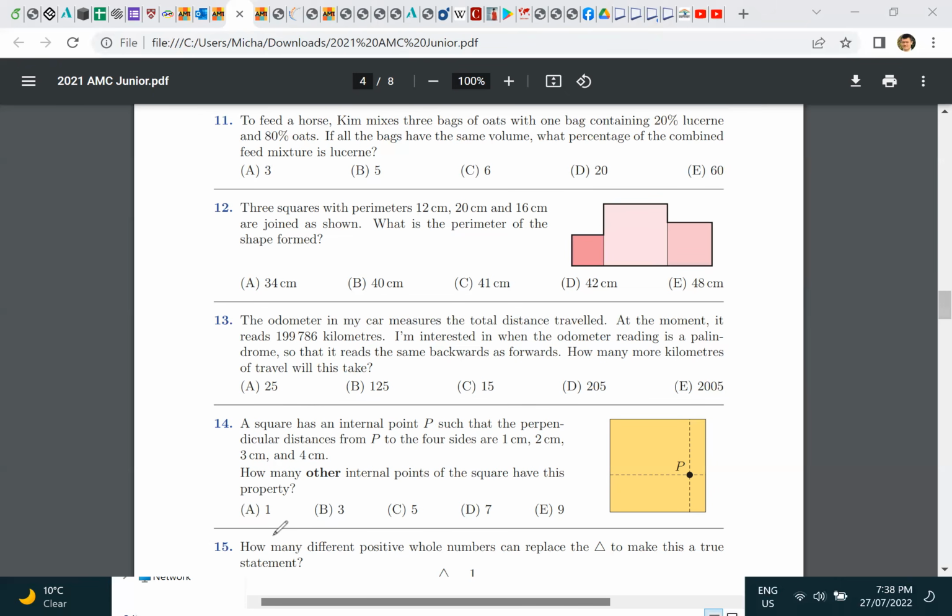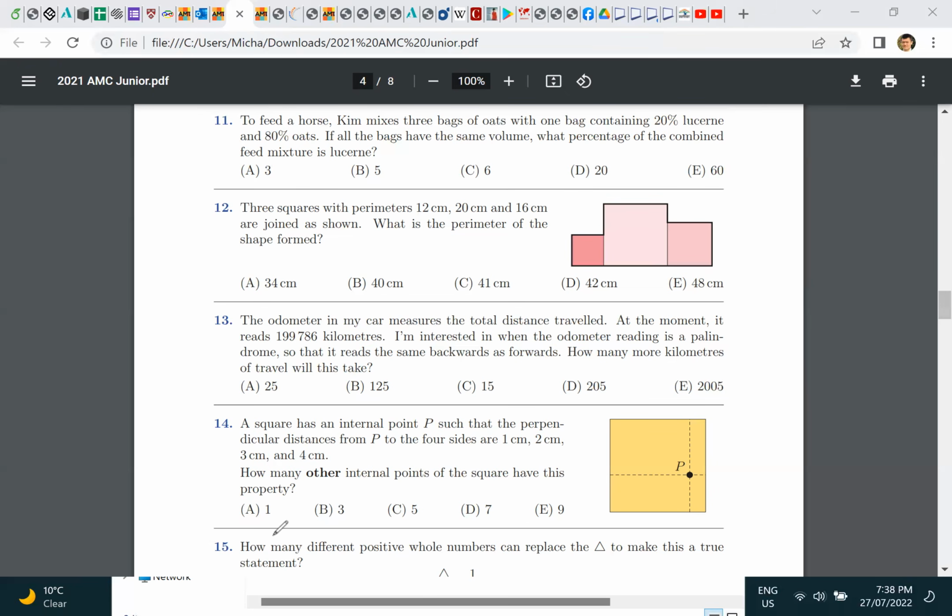Okay, so basically, you just gotta subtract 2 times the smaller side lengths from the total perimeter, yeah? So you have 12 plus 20 plus 16, which is 48. And then you just need to minus, so it's 3 and 4 times 2. So you minus 14, yeah?